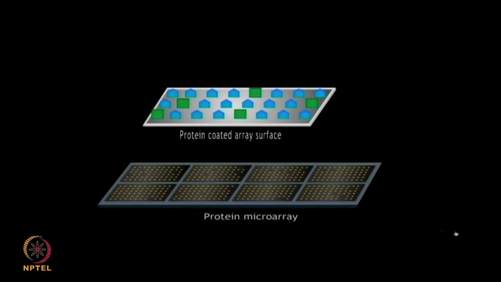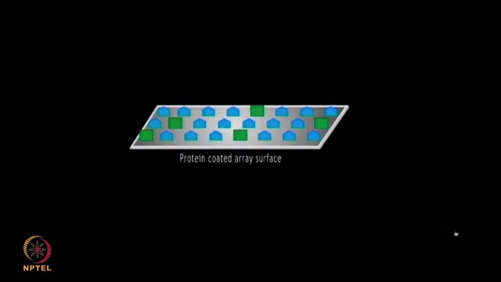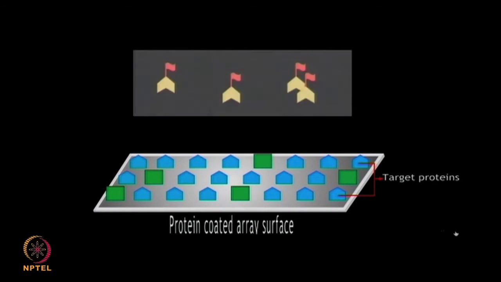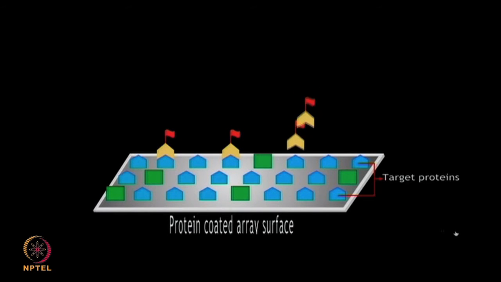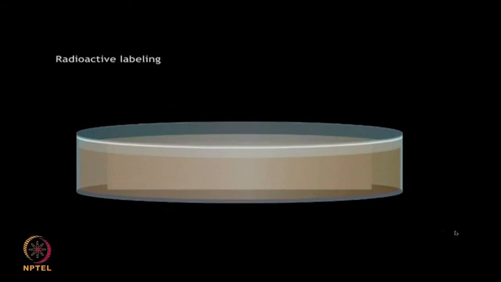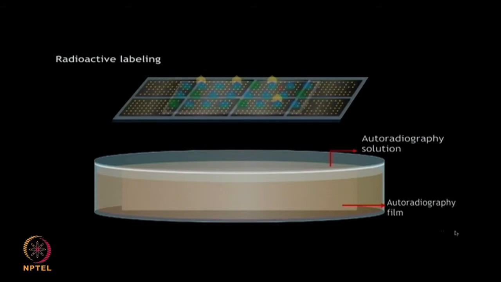A suitable radio labeled query protein that can specifically interact with the protein of interest is used to probe the array surface. Once binding has occurred, the excess unbound query protein is washed off the surface. The washed off array surface is then developed in an autoradiography solution.